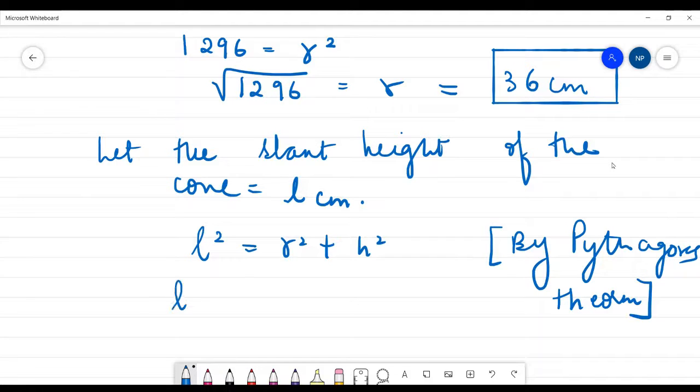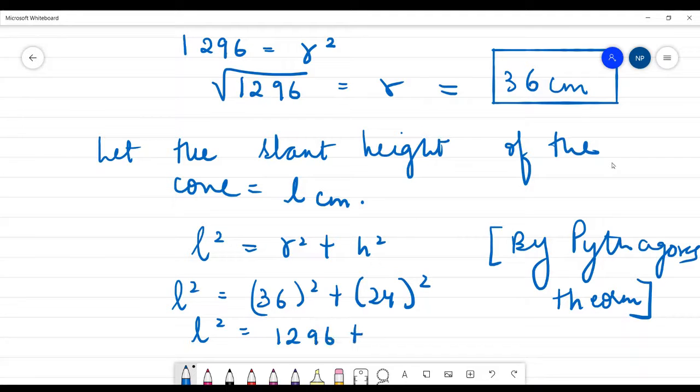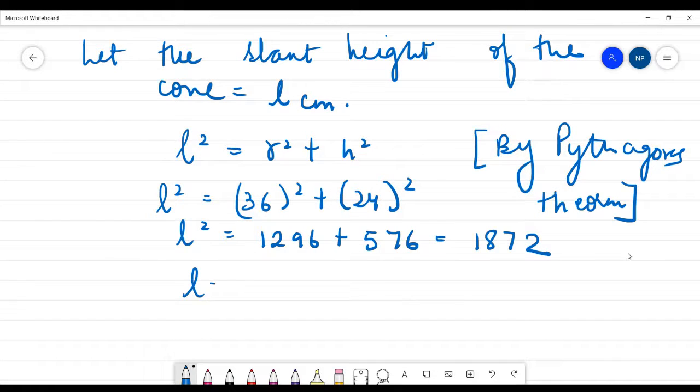So from here we will get L square equals r square, that is 36 square plus 24 square. L square we will get as 1296 plus 576, which equals 1872. On solving this, we will get L equals under root of 1872.